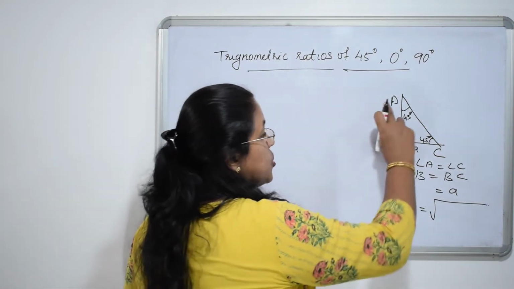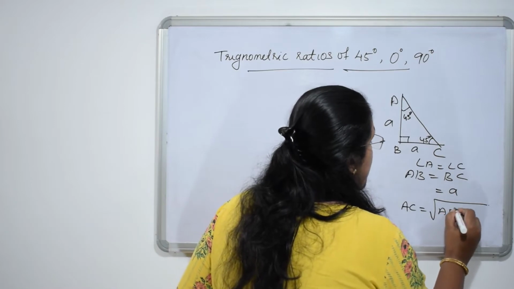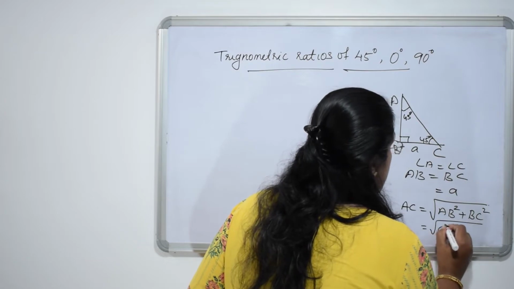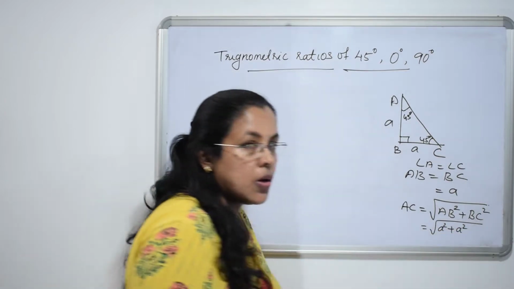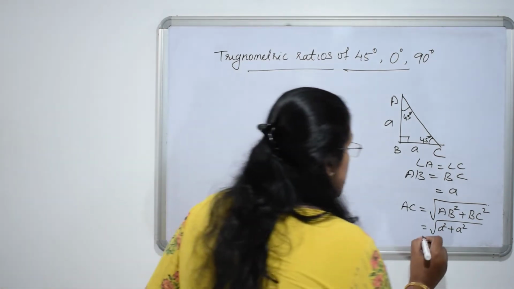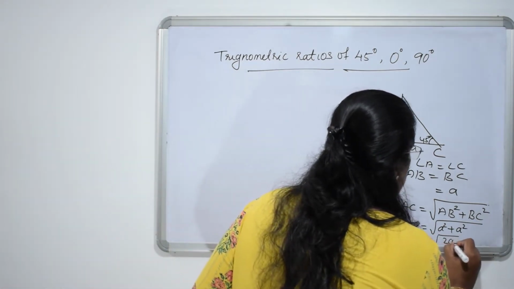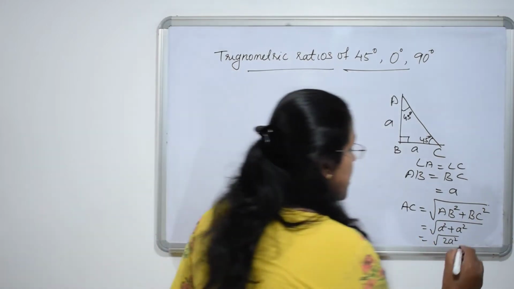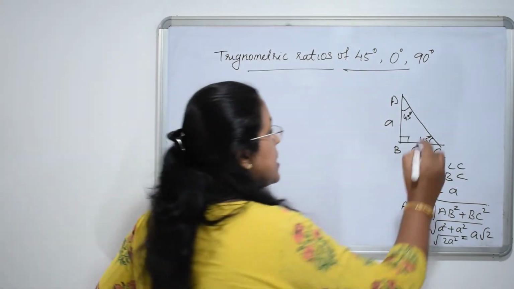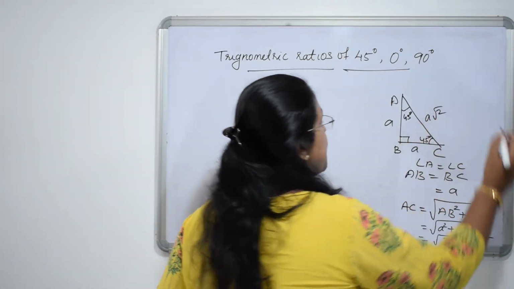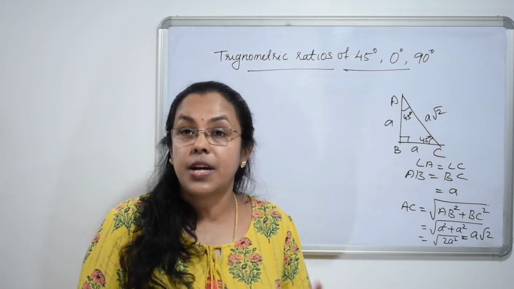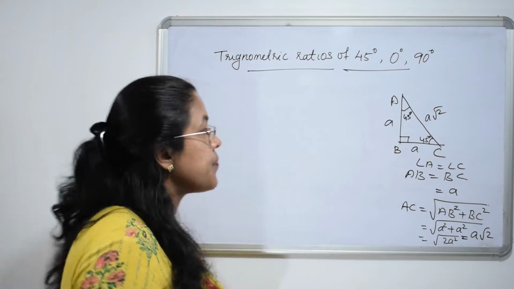So AC is equal to root over A square plus A square, which is root over 2A square, that is equivalent to A root 2. That means the length of AC is equal to A root 2. Now we got all the three sides, we can write the trigonometric ratios.